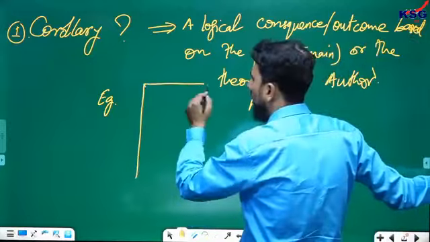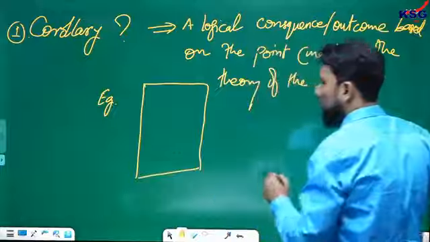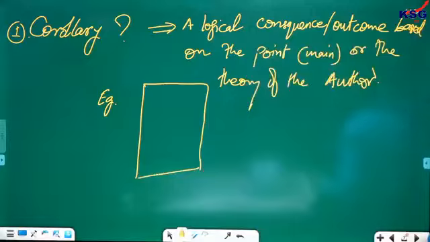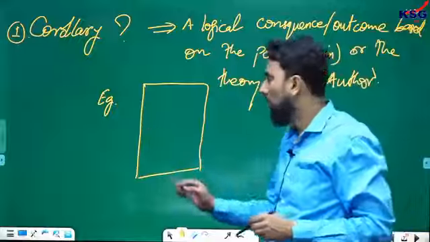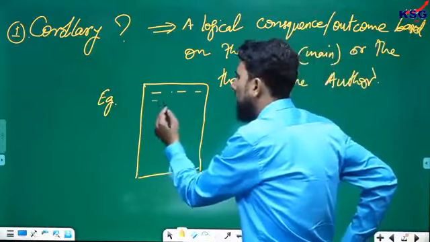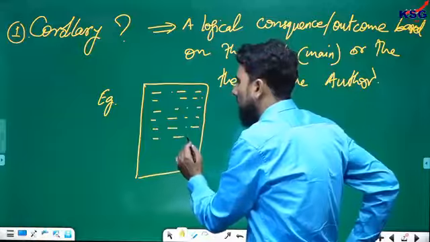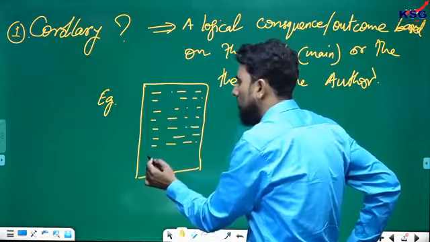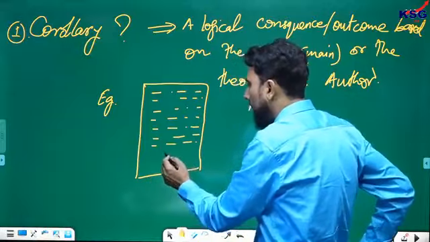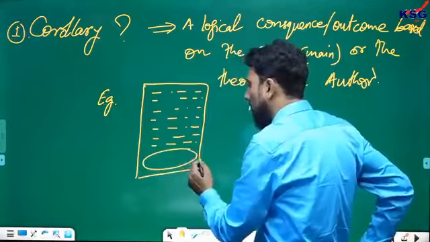You are reading a research paper of a scientist. Suppose this is the paper you are reading, and in this paper the research scientist has given the details of his experiments, and then he also mentions his finding, and his finding is mentioned in the last part. What he says?